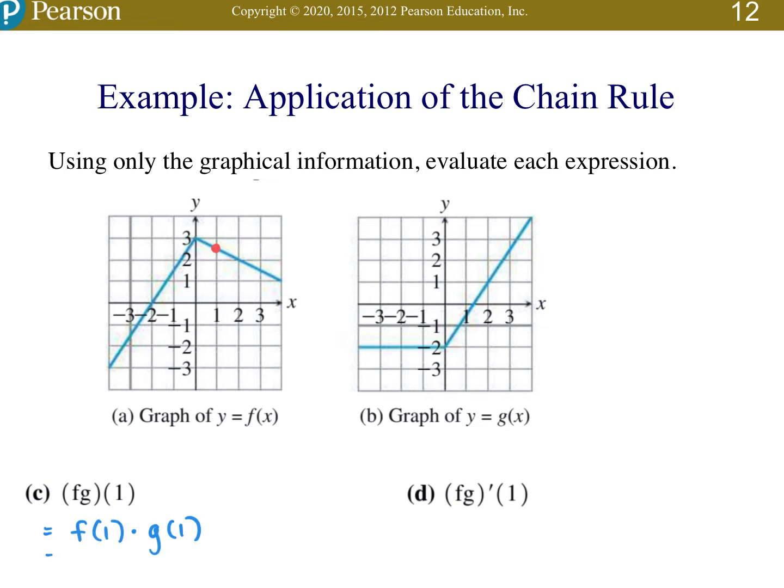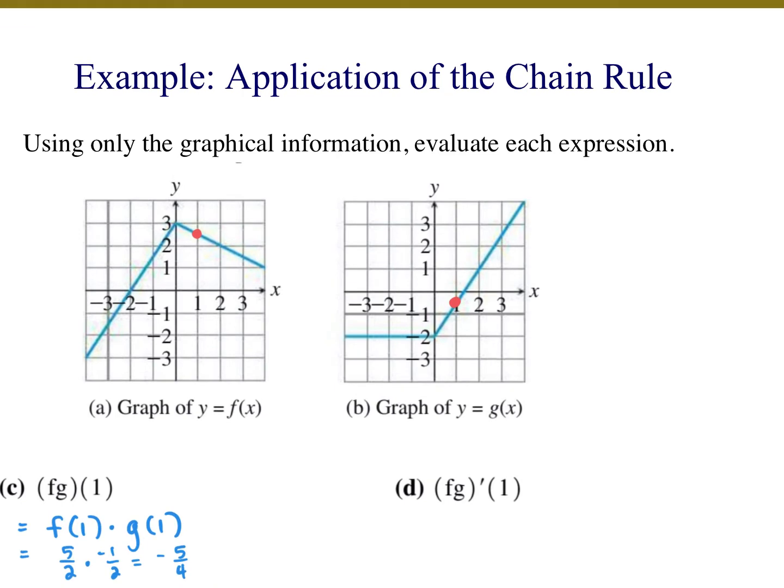So that's 5/2. And then times g of 1. So g of 1 is right here, and that's negative 1/2. So 5/2 times negative 1/2, so we're looking at negative 5/4.